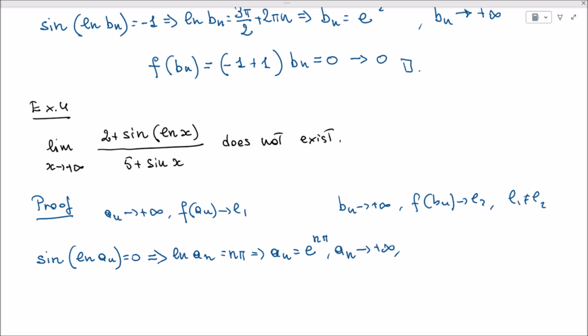And we have now that f of an, what is the function evaluated at this sequence? This will become 2, because clearly the sine of the logarithm of an is equal to 0. This was the first condition. And we have 2 divided by 5 plus sine of x.